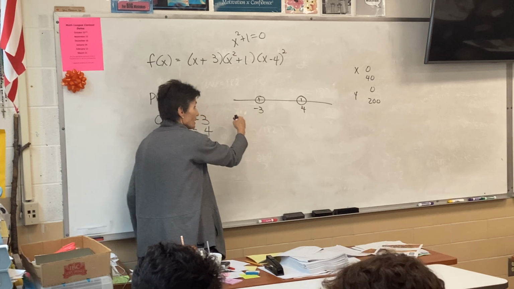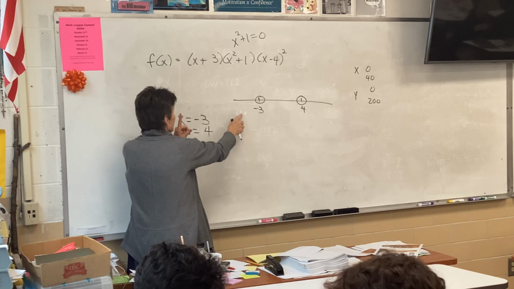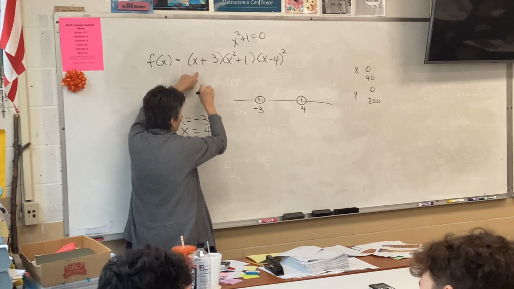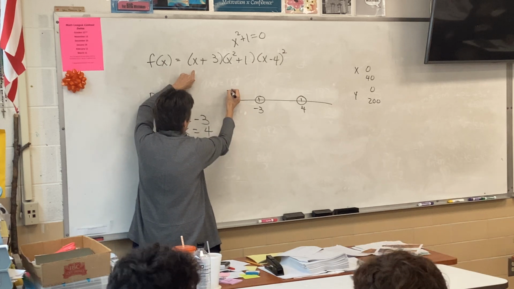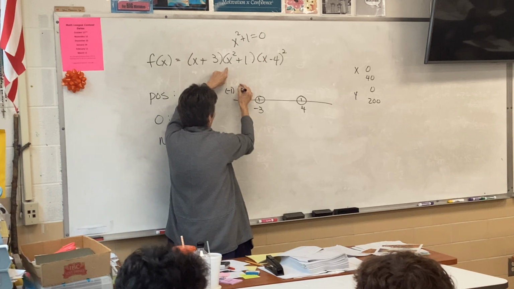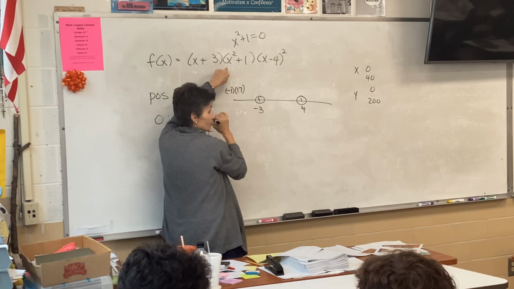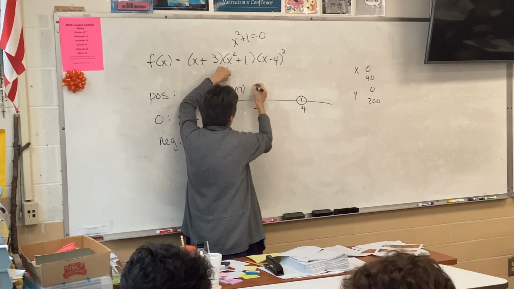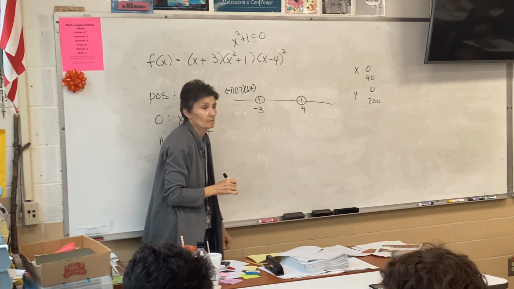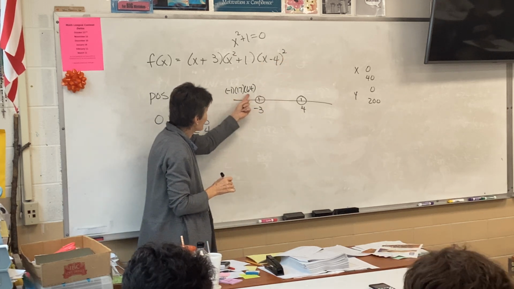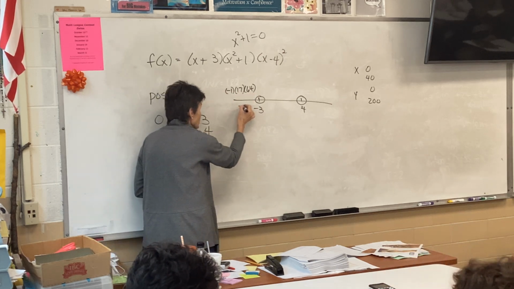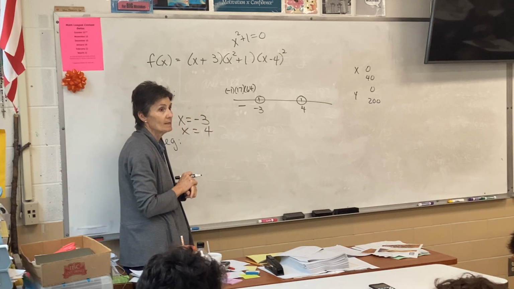If I put negative 4 into my problem, I get a negative 1, I get a 17, and I get a 64, negative 8 squared. Is that going to be positive or negative? Negative. So this section of the number line is going to be negative.